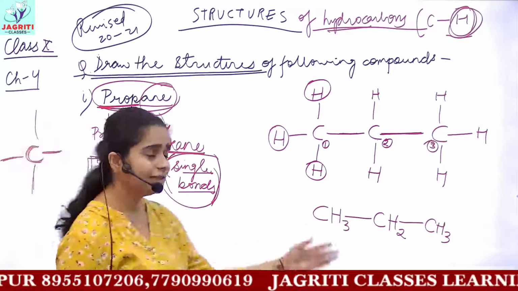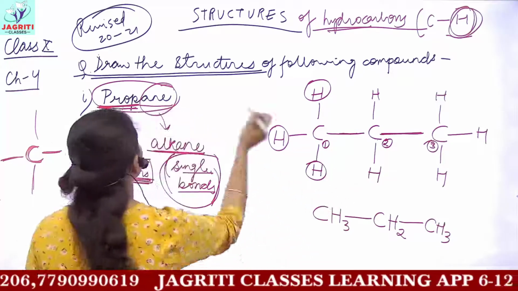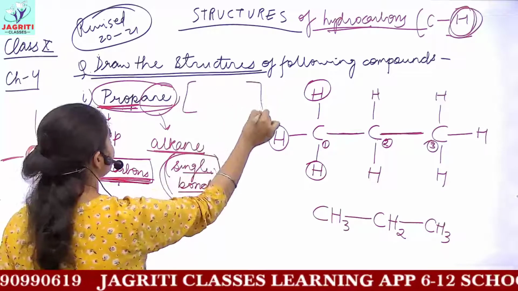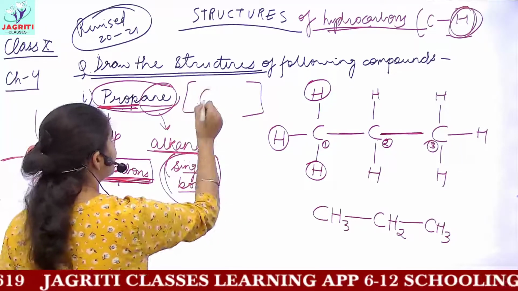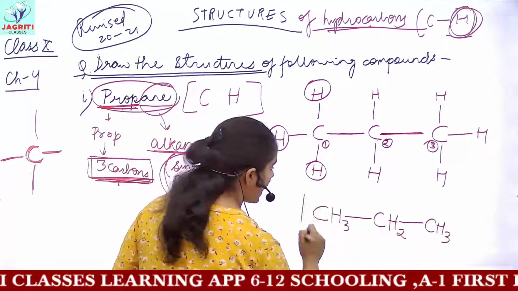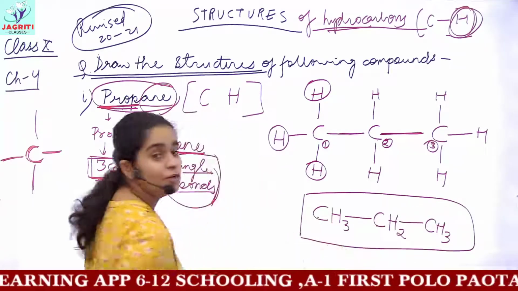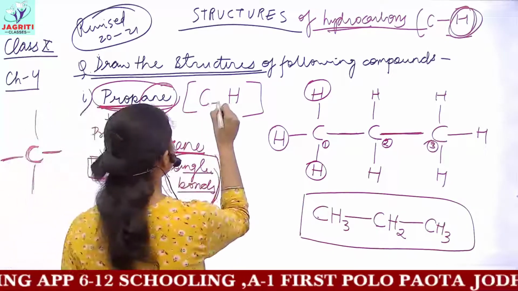And after drawing this, can you write the formula? Yes. In the formula, the general form is to include the number of carbons and the number of hydrogens. So how many total carbons do you have in this structure? You have 1, 2 and 3. So you have 3 carbons, so you write C3.